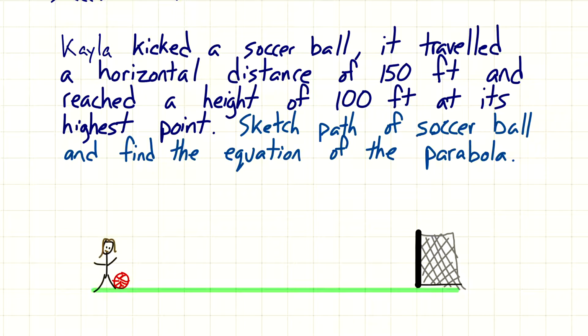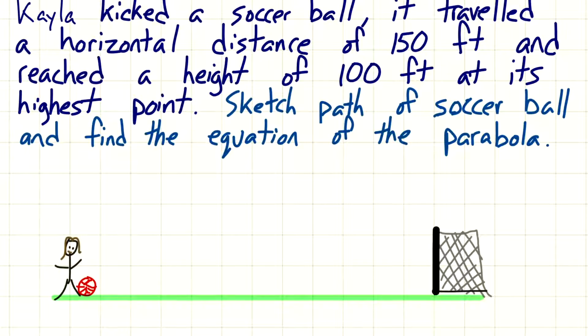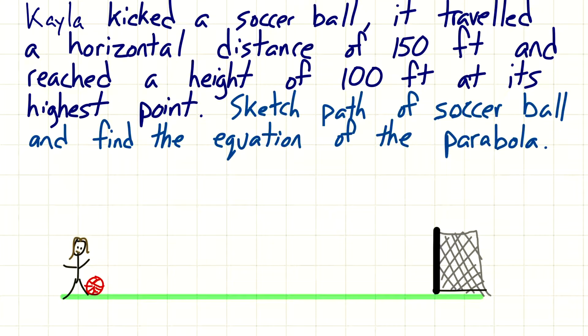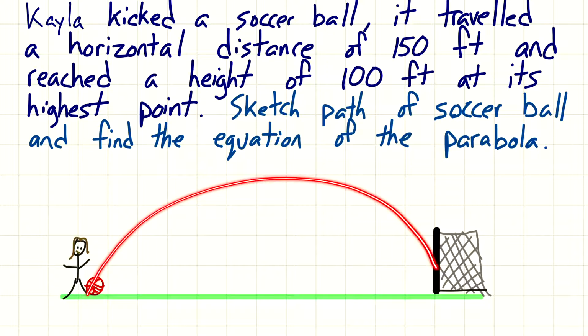Obviously, you could tell I am a professional artist, and there's really no way you could draw a picture as amazing as this. But you could always try. The goal here, not soccer goal, but the goal, is for us to see a picture of what's really happening, and hopefully something that looks like a parabola.